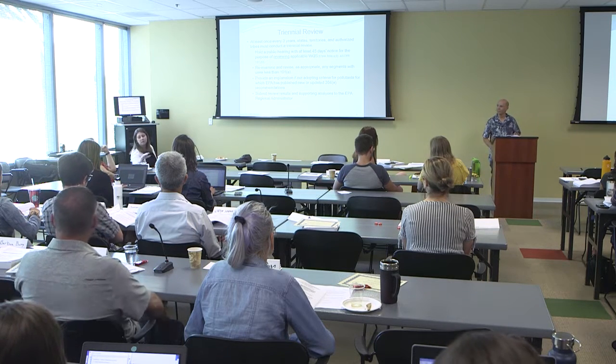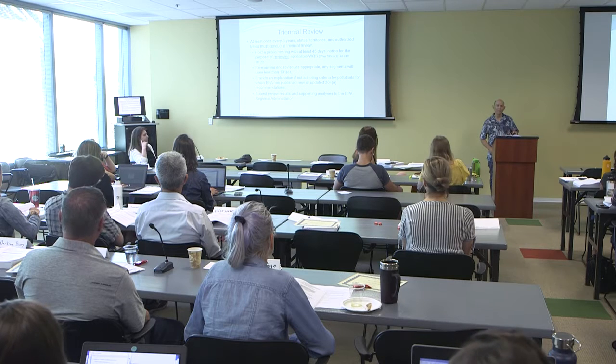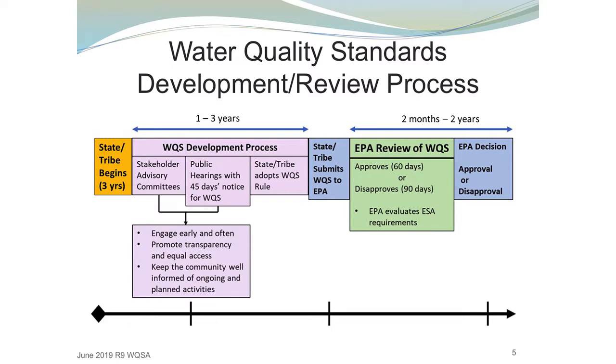Okay. I found out where I was. This is the water quality standards review process. Basically, developing criteria is a 1 to 3 year process, and in the case of toxicity, a 1 to 20 year process.